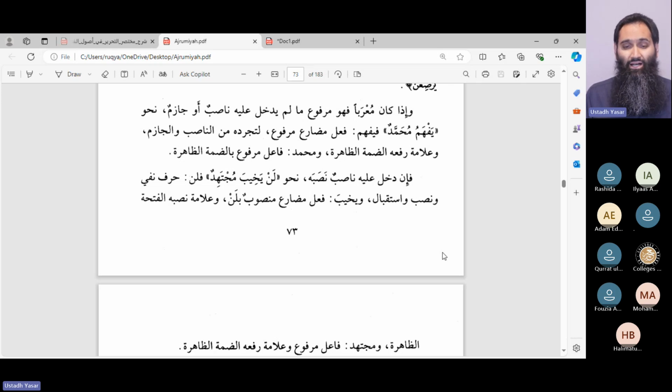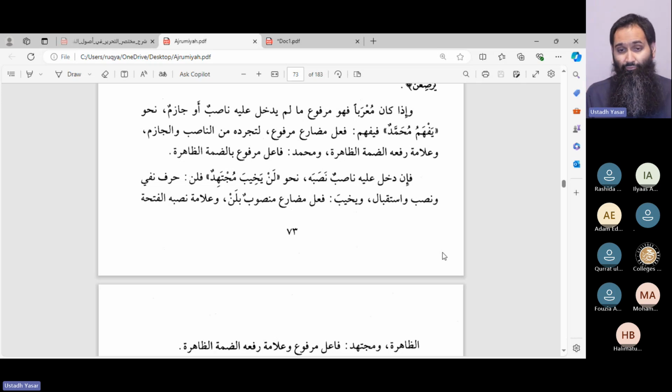And استقبال, because you know that fi'l mudari, if it comes on its own, out of context, can have the meaning of hal, now, or mustaqbal, future.